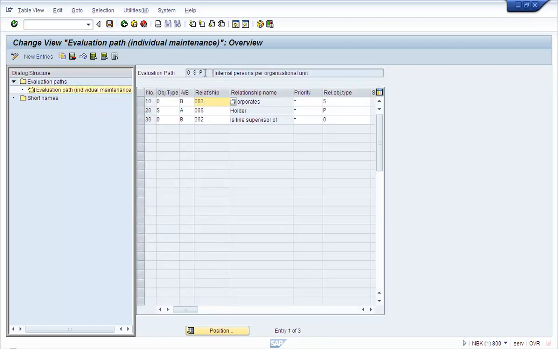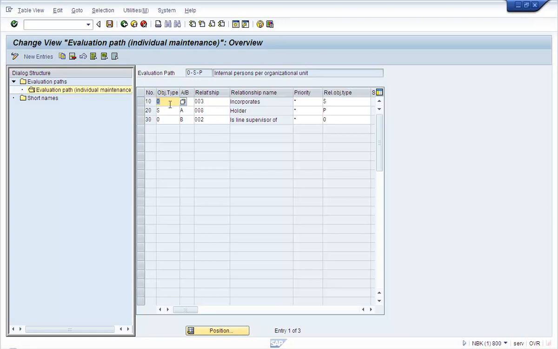The evaluation path OSP describes the relationship chain between org units, positions, and persons. Now, the way to read this evaluation path: it starts selection from an organizational unit, with the object O as the start object.